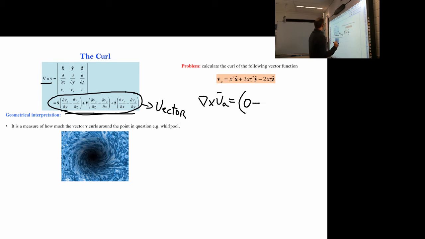So we have 0 minus the partial derivative of the Vy component with respect to z, so we have a 6xz x hat, plus partial derivative of the Vx component with respect to z, so 0 minus partial derivative of the z component with respect to x.